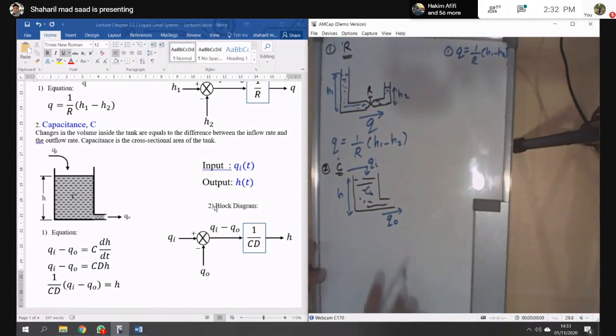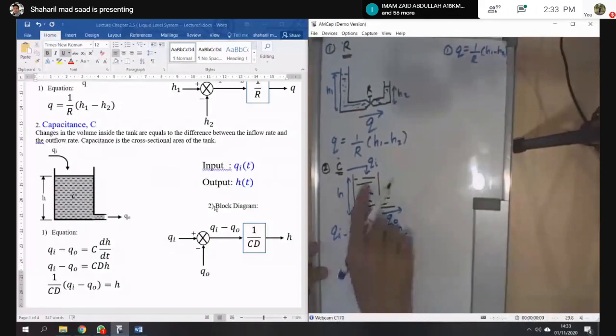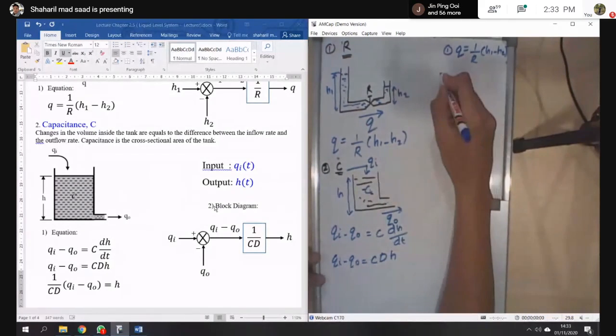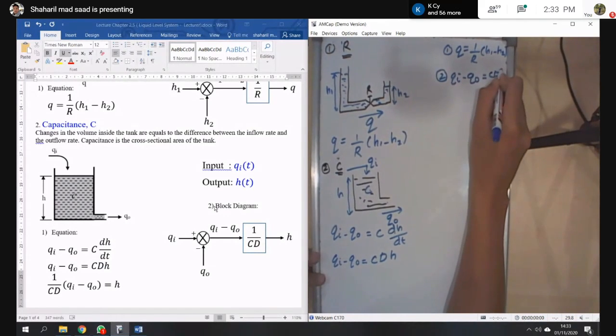So the equation will be input minus output: Qi minus Q naught is equal to C dH over dt. So the capacity of your water depends on the time. So this is the second equation.